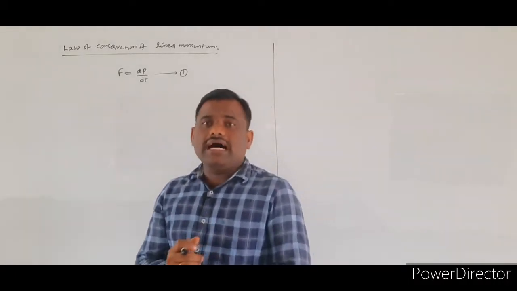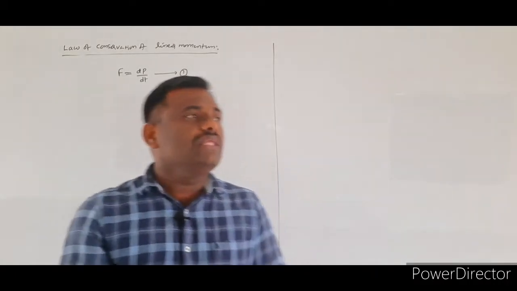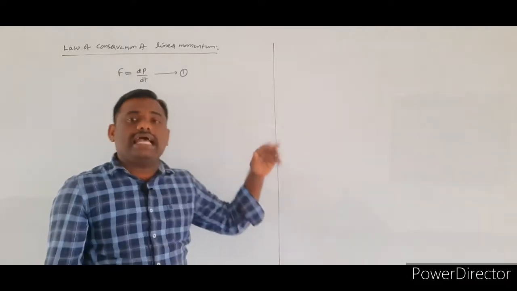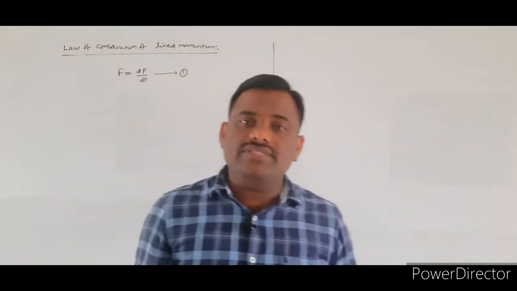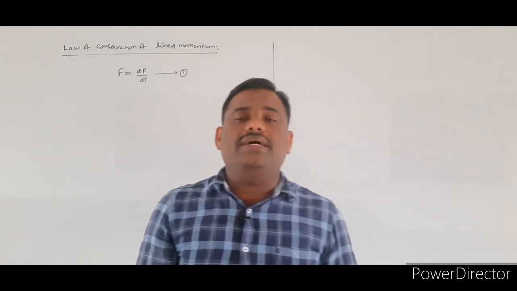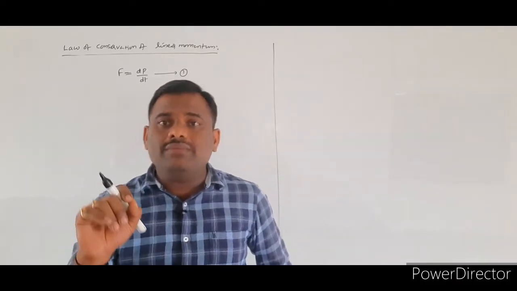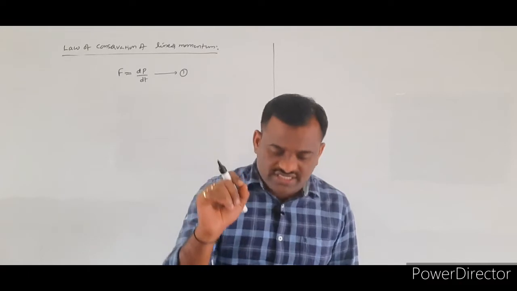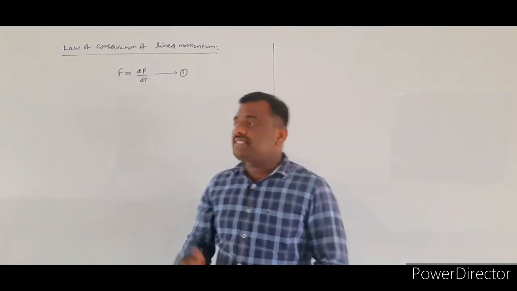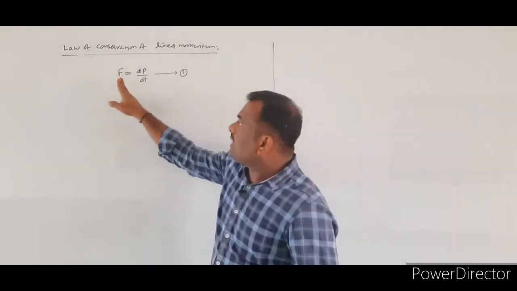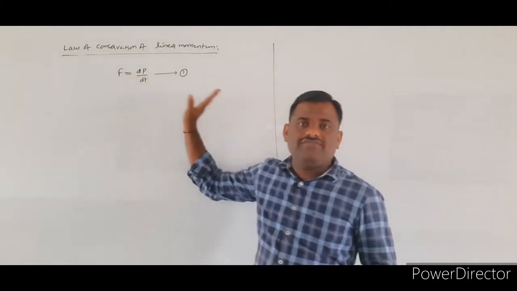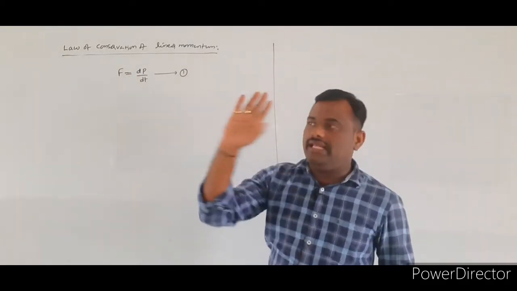So, according to the law of conservation of linear momentum, if there are no external forces acting on the given system, the total linear momentum of the system is constant. Once again, what is the statement of the law? According to Newton's second law, F is equal to dp by dt, equation number 1.